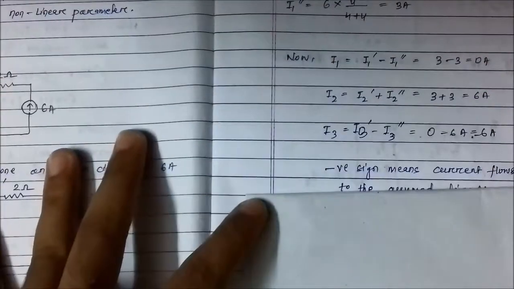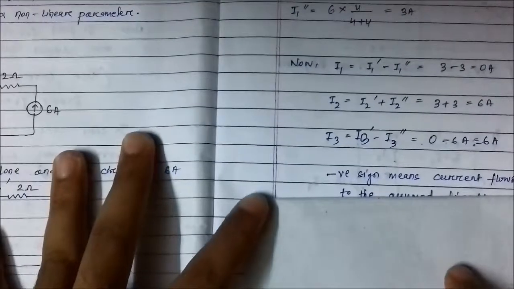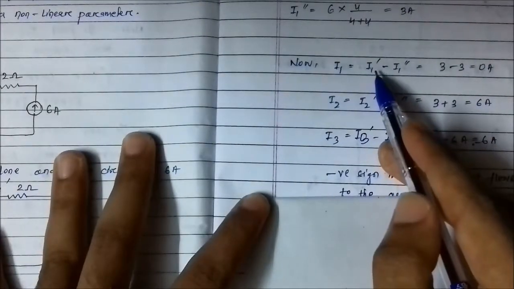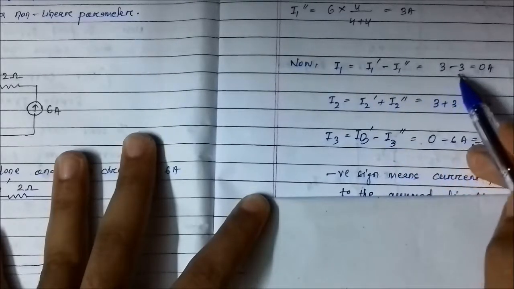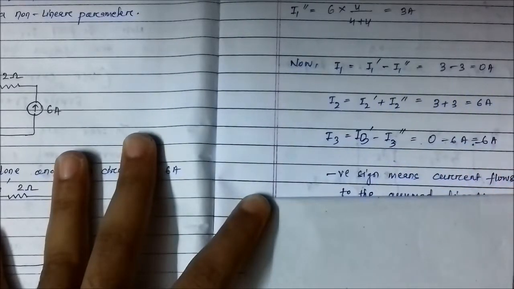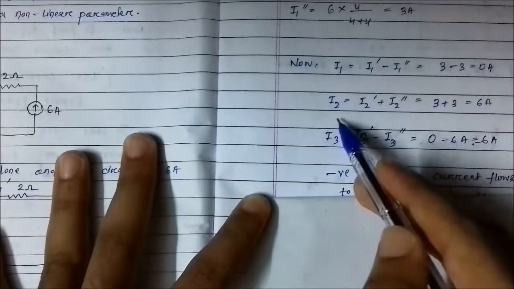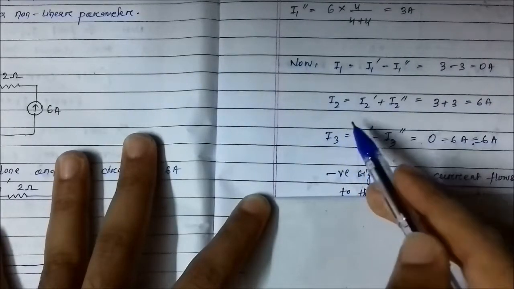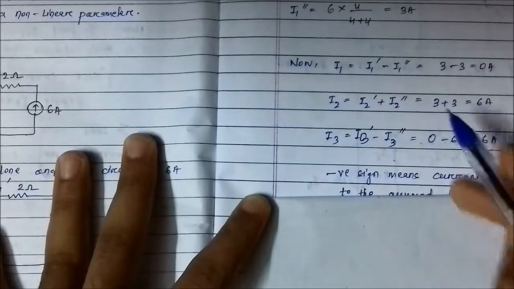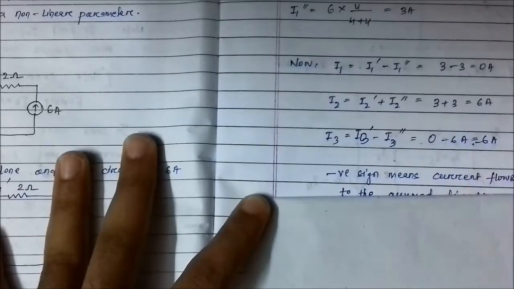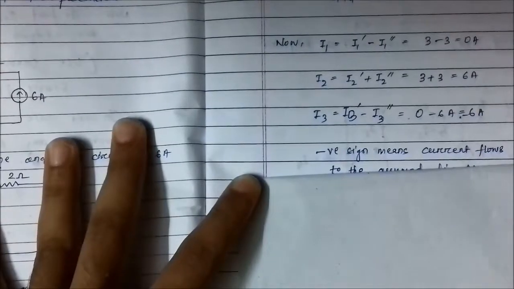So let's just prove the superposition theorem. The total value of I1 is I1 dash minus I1 double dash, which is equal to 3 minus 3, 0 ampere. An interesting one, 0 ampere. I2 is equal to I2 dash plus I2 double dash, which is equal to 3 plus 3, 6 ampere.